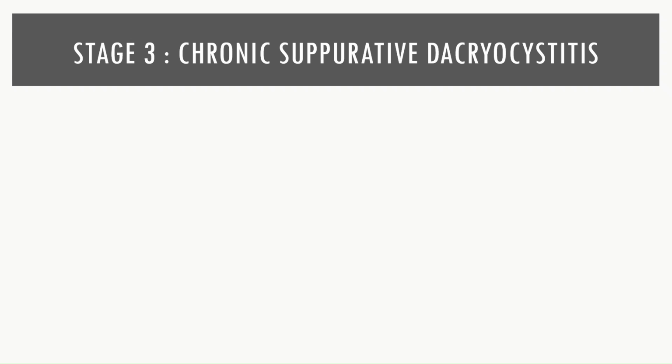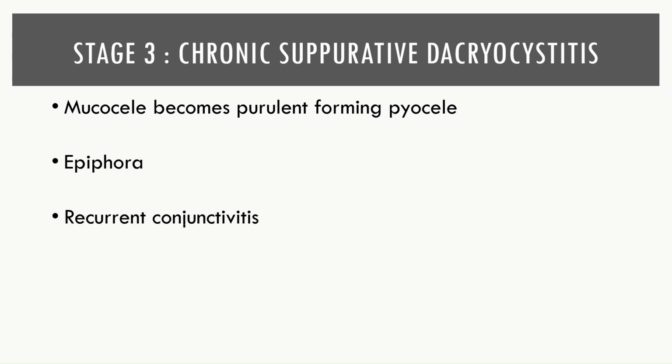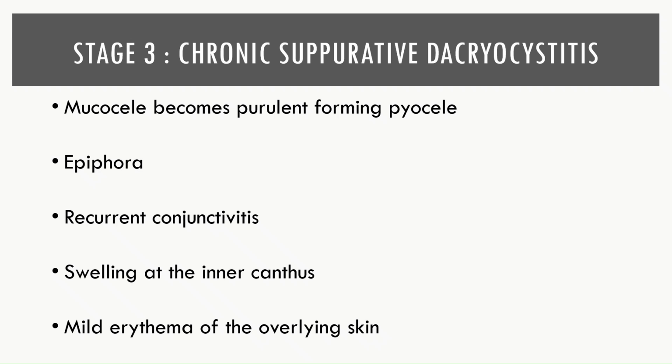Stage 3, chronic suppurative dacryocystitis. In this stage, due to pyogenic infection, the mucoid discharge becomes purulent, converting the mucocele into pyocele. It is characterized by epiphora, associated recurrent conjunctivitis, and swelling at the inner canthus with mild erythema of the overlying skin.